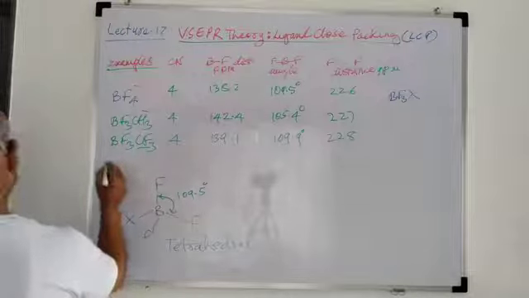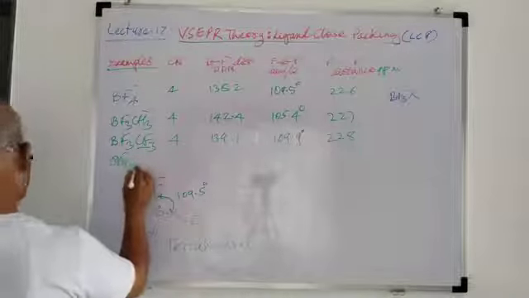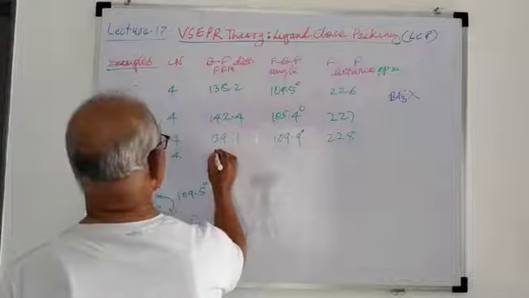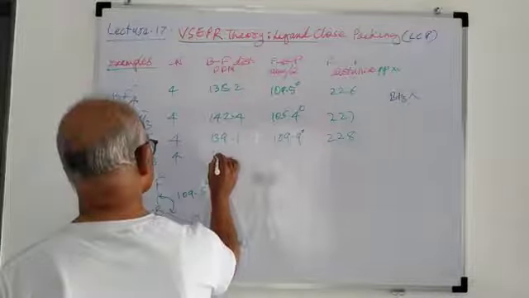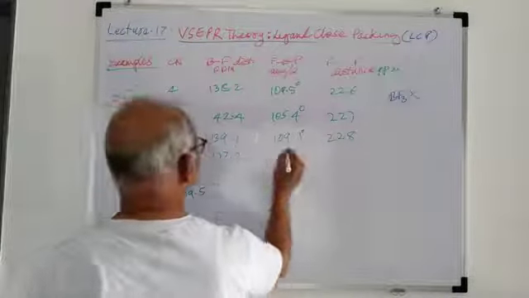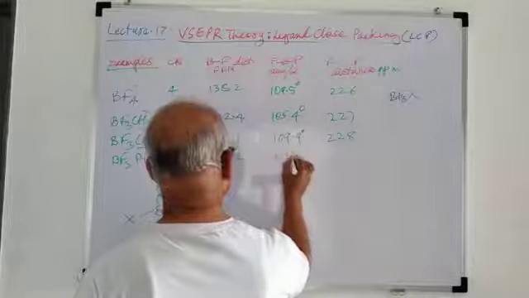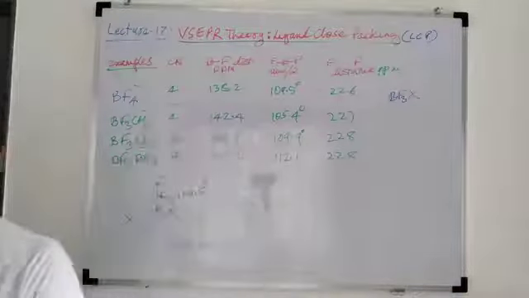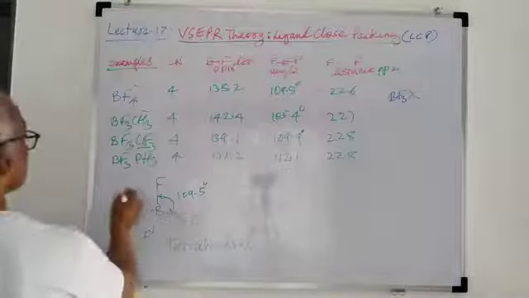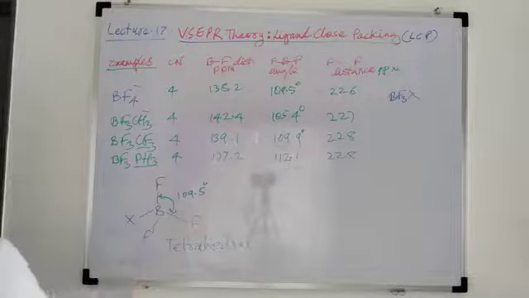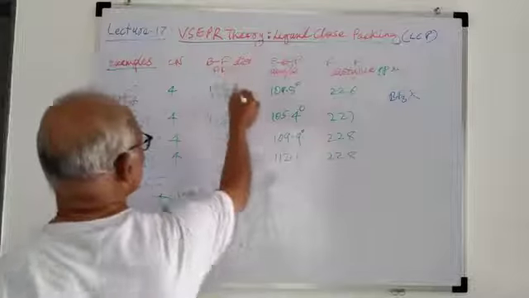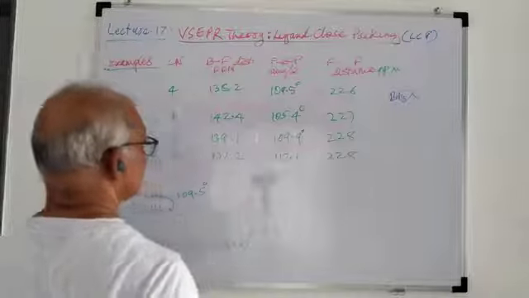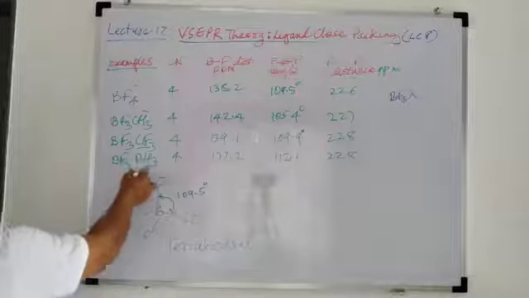Then we will see the last example, that is BF3PH3. The coordination number is the same. The BF distance is 137.2. The bond angle is 112.1 and this distance 228. So there is also an effect of this PH3. You will find a change in the BF distance. It decreases, and the bond angle increases.